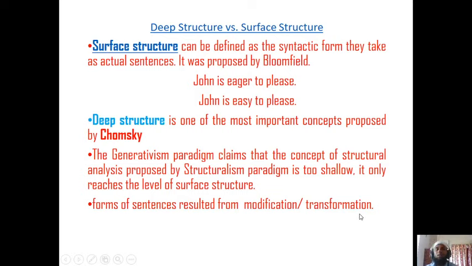In generative grammar, we have learned only a limited number of structures, and then we can change them and produce new sentences. You understand that in subject plus verb, the subject is the doer of the action and the verb refers to the action. Even if the structure changes and the subject is deleted, you understand that there is a subject. So you modify the basic deep structure, and then you get the surface structure. But when you get the meaning out of it, you use the deep structure.